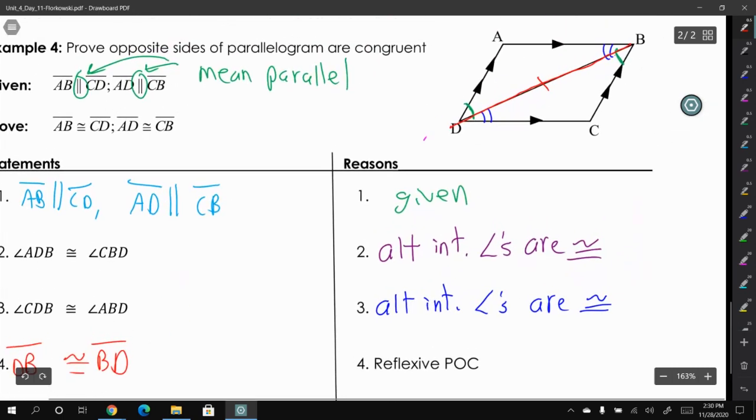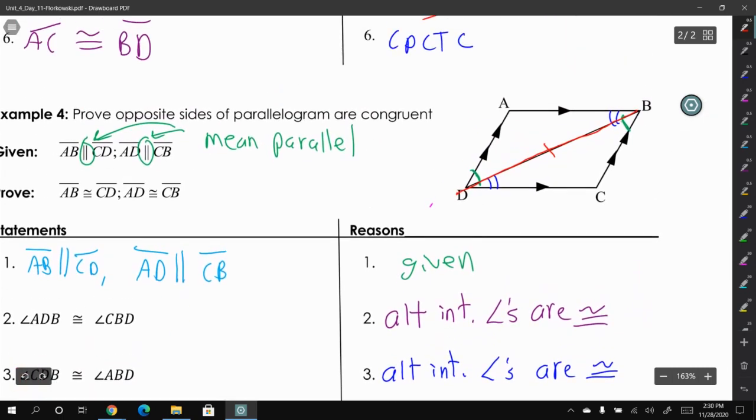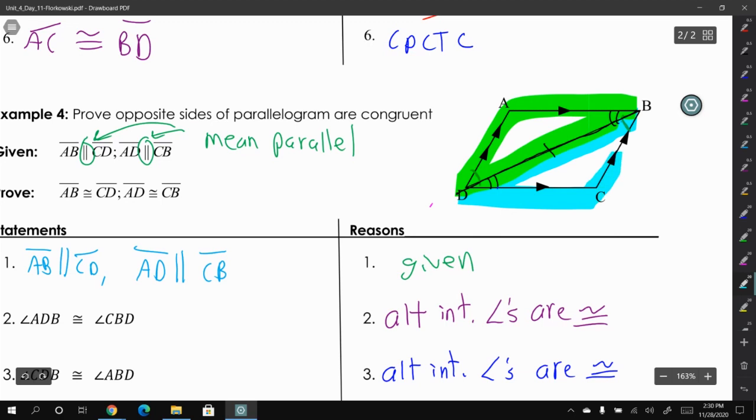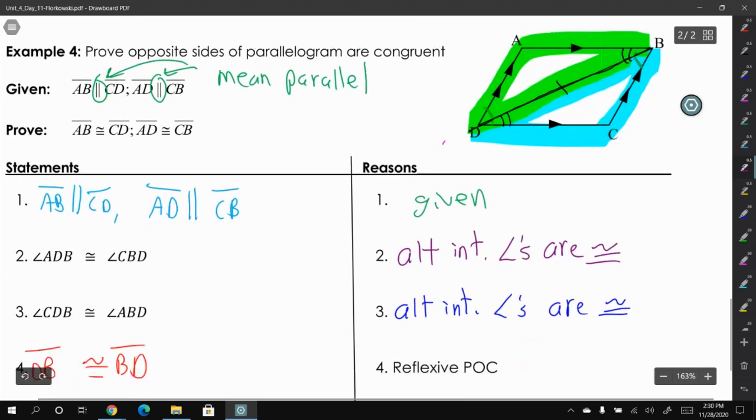So then that allows us to say that the top triangle here is congruent to the bottom triangle here because we have angle side angle. We have two pairs of congruent angles and the included side. So that makes these two triangles congruent by angle side angle.